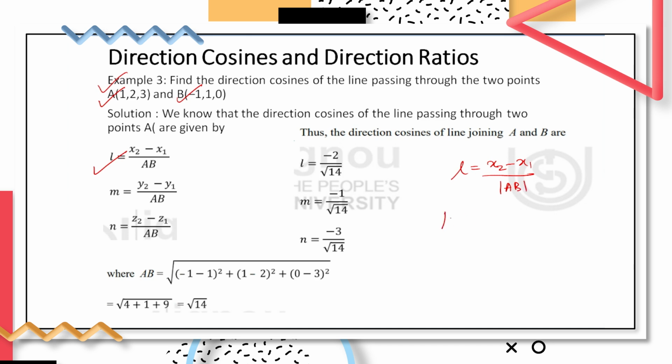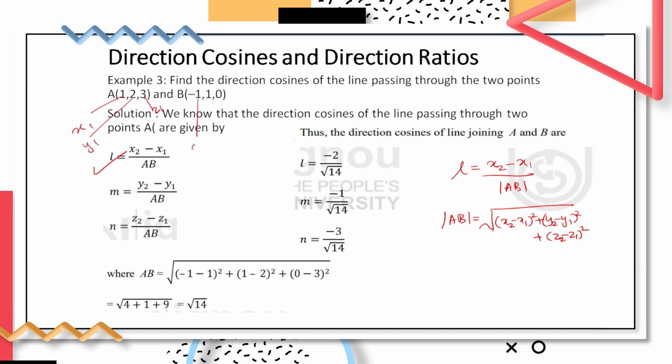So, what is magnitude of AB? The magnitude of AB should be equal to square root of (x2 minus x1) square plus (y2 minus y1) square plus (z2 minus z1) square. In the given points, this is x1, this is y1 and this is z1.